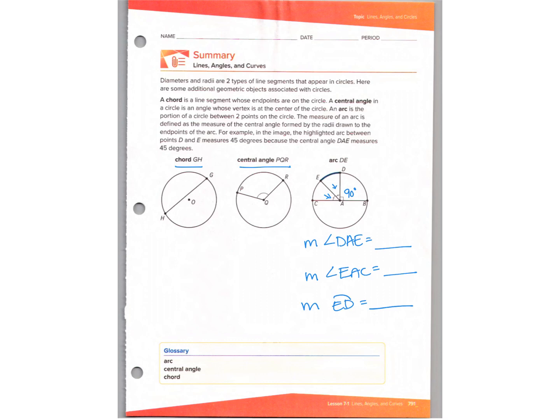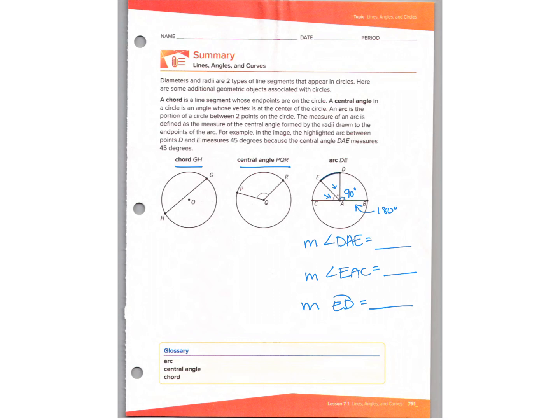Welcome back. Hopefully you realized that this is a diameter, meaning it's 180 degrees. So if this is a right angle, I know the other side, both those angles have to total 90 in order to be congruent.